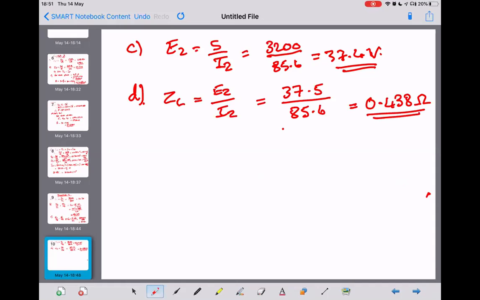Yep. And then the power. I've then done the power PL equals ZL times I2 squared, which I'll just double check.